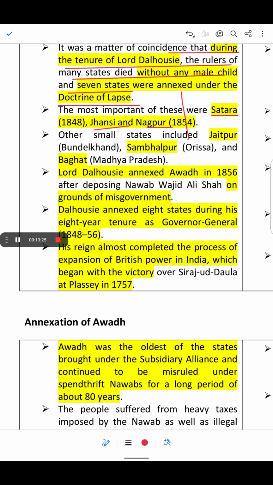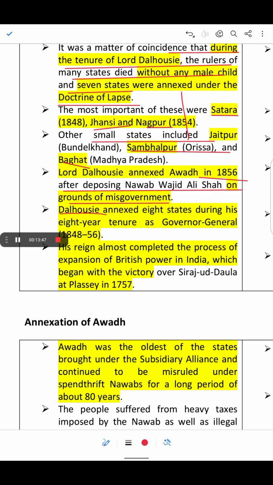These were Satara, Jhansi, Nagpur, and other small states including Jaitpur of Bundelkhand, Sambalpur from Odisha, and Baghat from Madhya Pradesh. Lord Dalhousie annexed Awadh in 1856 after deposing Nawab Wajid Ali Shah on the ground of misgovernment.